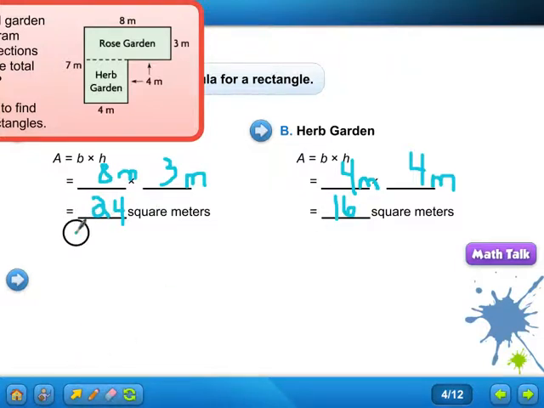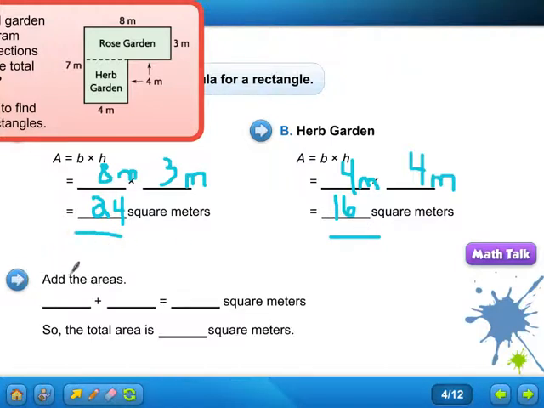Now remember, this was just the rose garden and this was just the herb garden. You need a combined total. So again, you have to go 24 square meters and 16 square meters. I don't have enough room to write it in here, but you should write square meters, equals 40 square meters. So the total is 40 square meters.